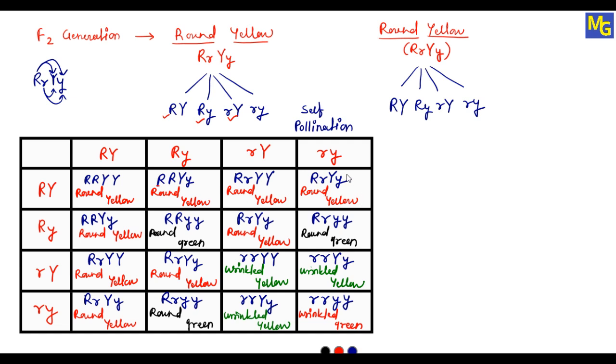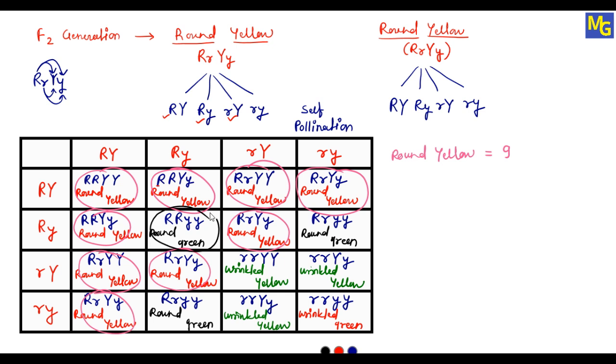So this is round yellow 1, round yellow 2, round yellow 3, round yellow 4, round yellow 5, 6, 7, 8 and 9. So round yellow we have 9.